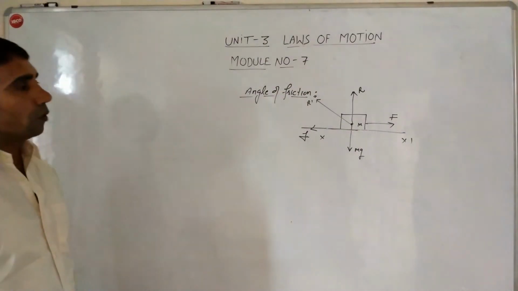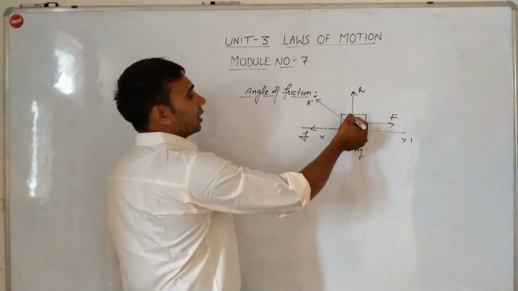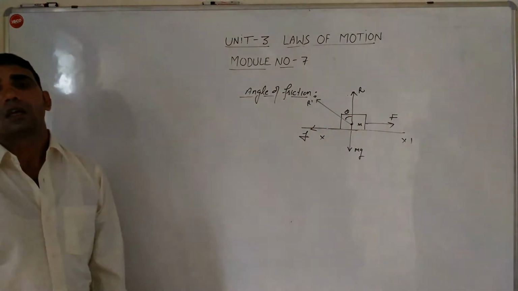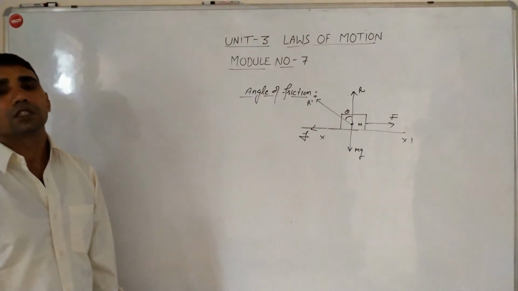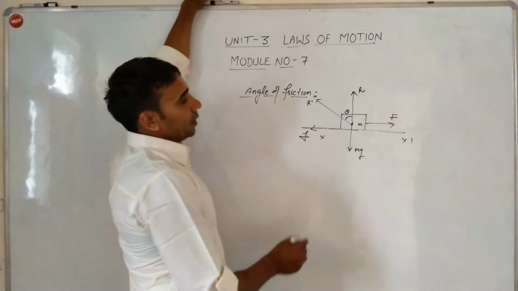This resultant of frictional force and normal reaction makes an angle theta with the normal, that is called angle of friction.